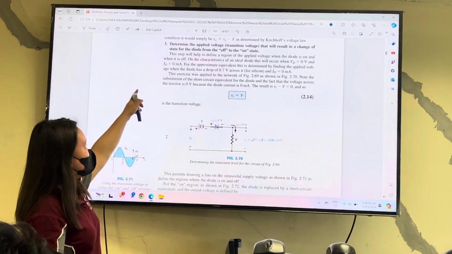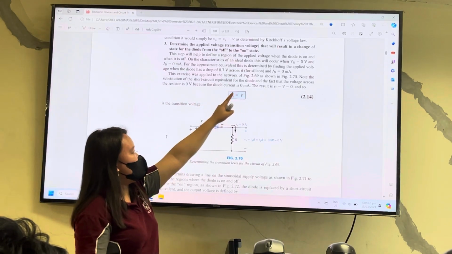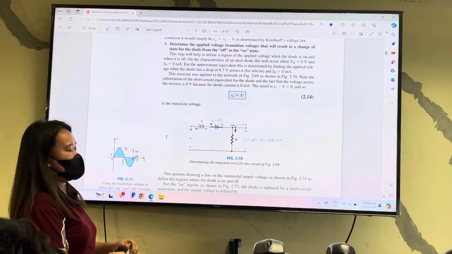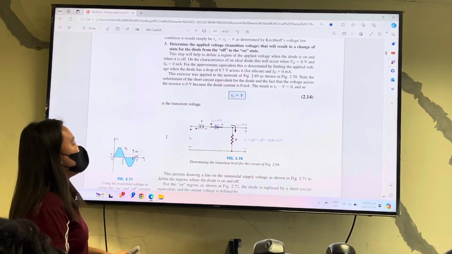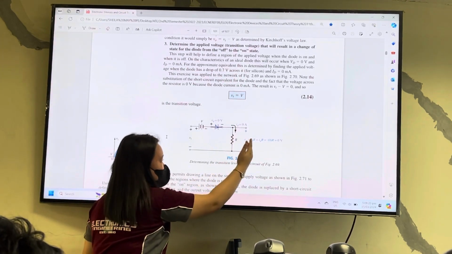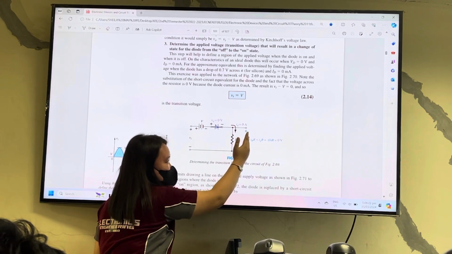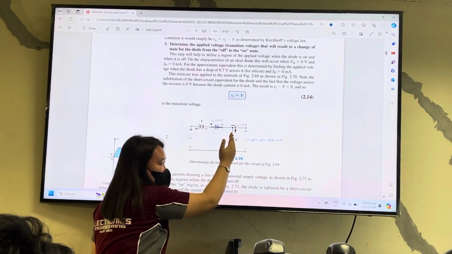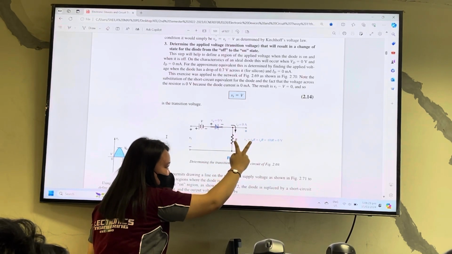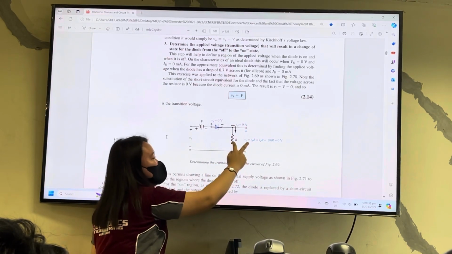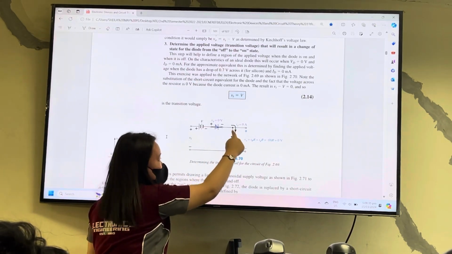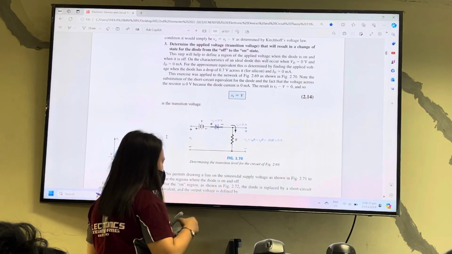ID is equal to 0 milliampere. The output is across our R, the voltage drop VR. Since VR is across our VO and VO is equal to 0, therefore, VR is also equal to 0.